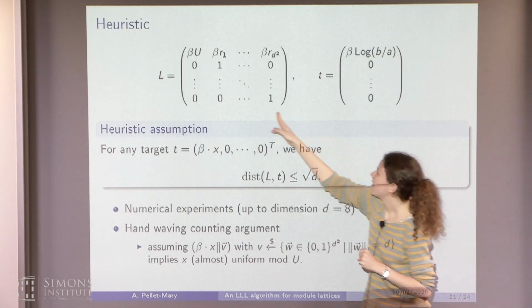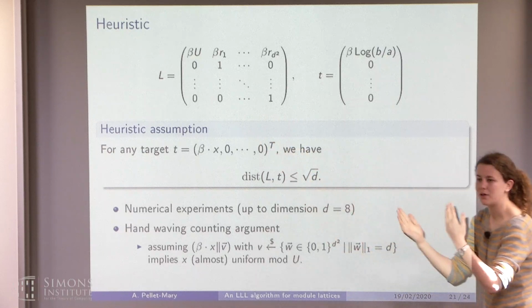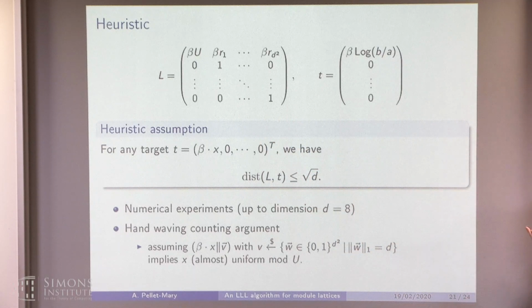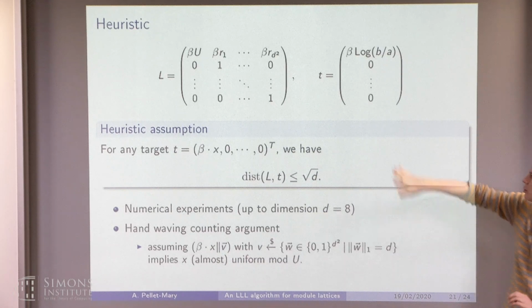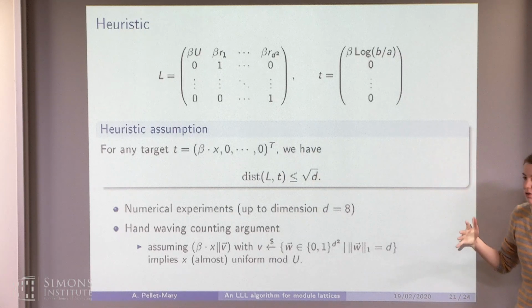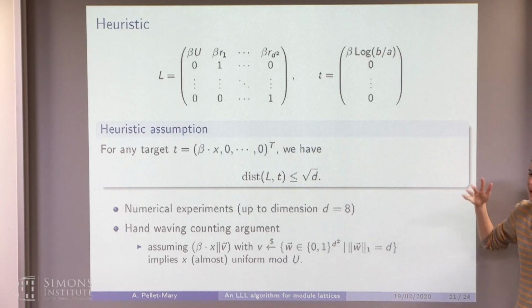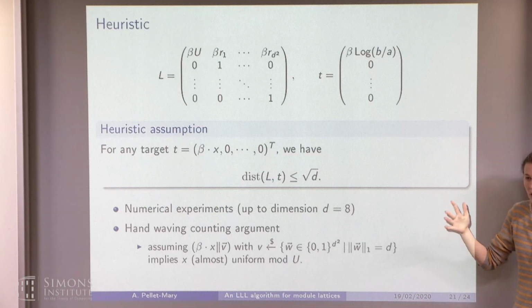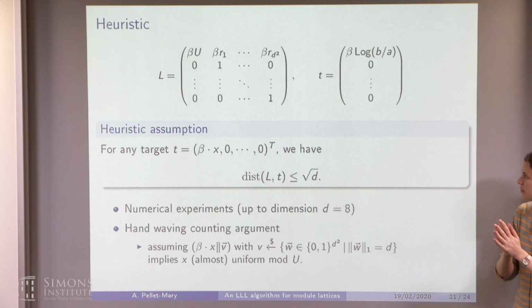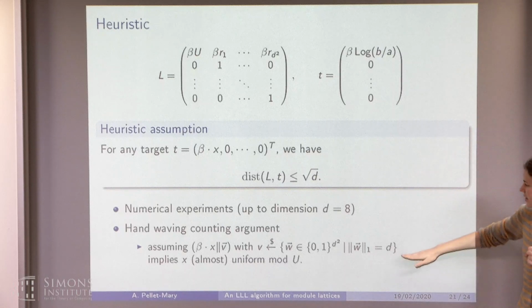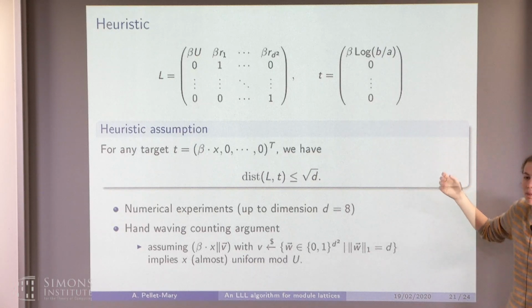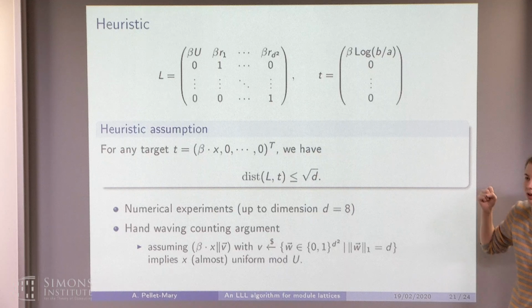If I can create sufficiently many vectors by linear combinations of these things, I have a good probability to find one that is close. That's where the d-square comes from. When we count, we need to have at least that many vectors, to hope that one of them will be sufficiently close on the top part.